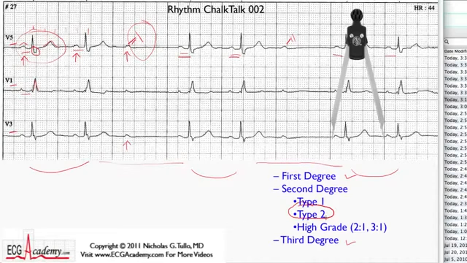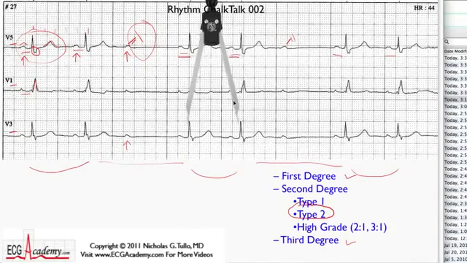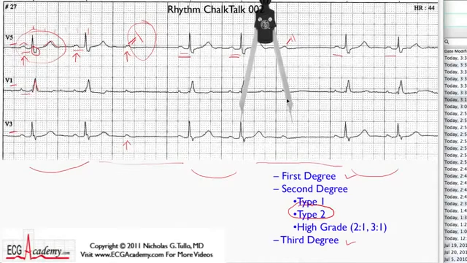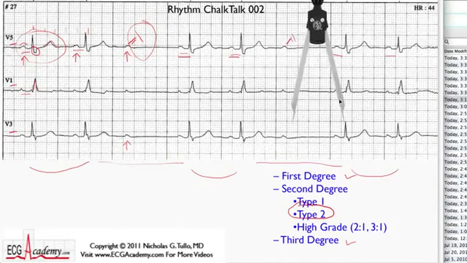The other characteristic of type 2 second degree AV block is that the pause that results from the blocked P wave should be exactly 2 times the previous R to R interval. So if we take our calipers and confirm that we have them sized to reflect the R to R interval, now let's measure and take a look at it. It lands halfway between that box, and the next beat occurs exactly where it should.